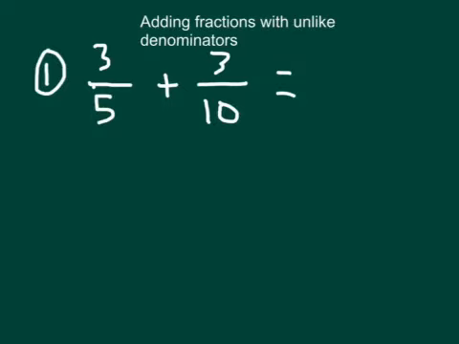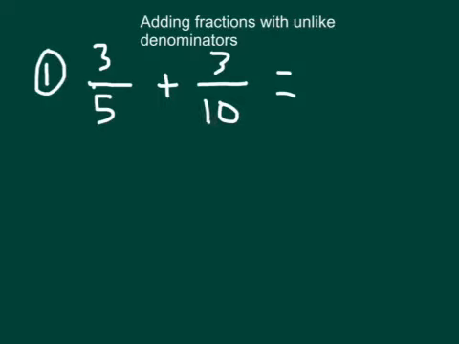So what you have to do is find a common denominator, a denominator that works for both 3/5 and 3/10. To do that, you want to find a number that both 5 and 10 can fit into evenly. It's a little different than finding a common factor, which you've been working with.